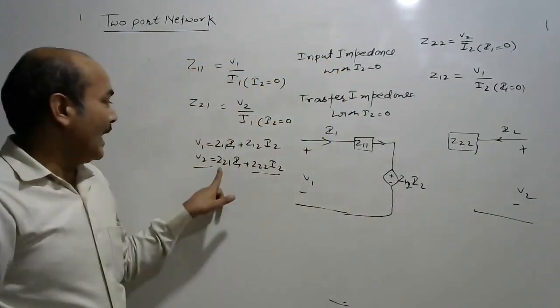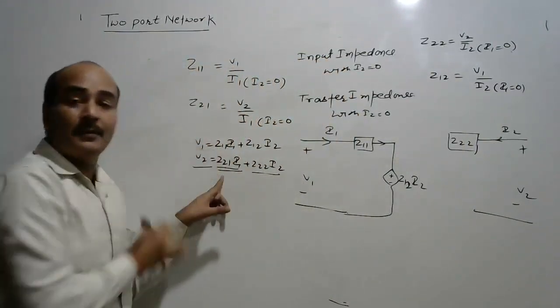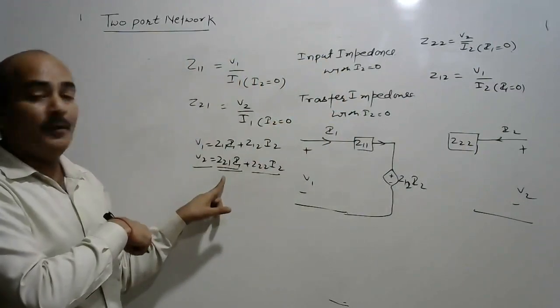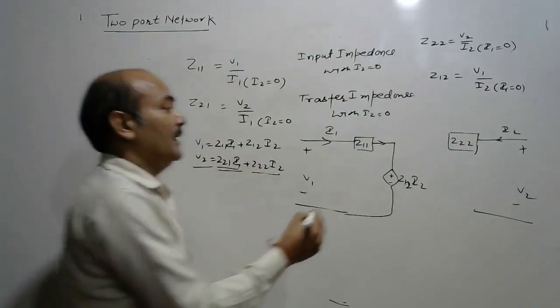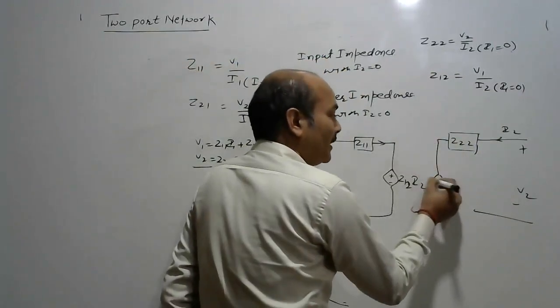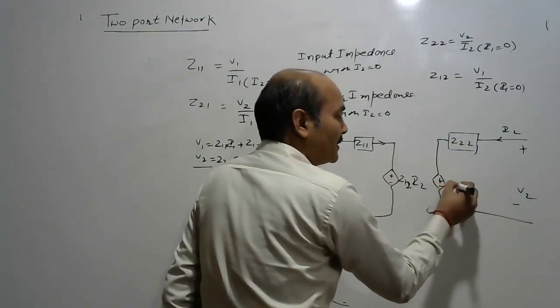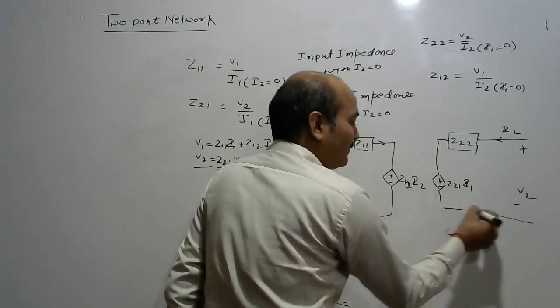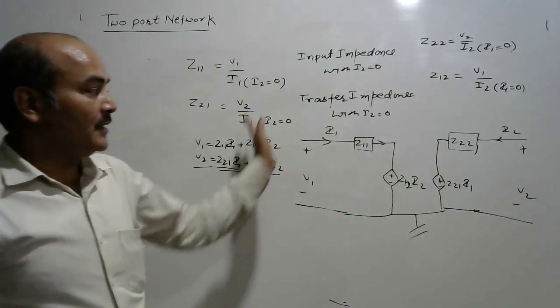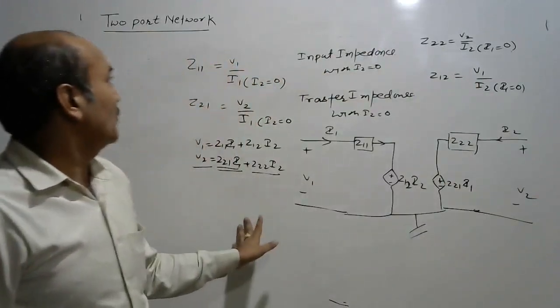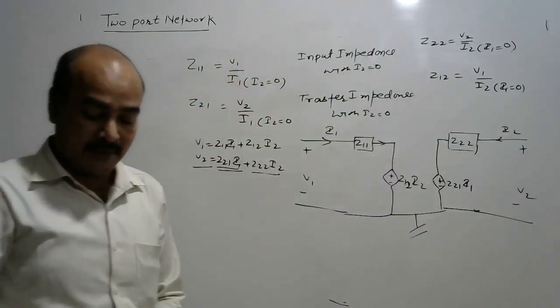And this term is also a voltage, but depending upon the input current. So this is again a current dependent voltage source. Here we connect the term Z21 I1 to a common point. So this is my total equivalent circuit of the Z parameter.